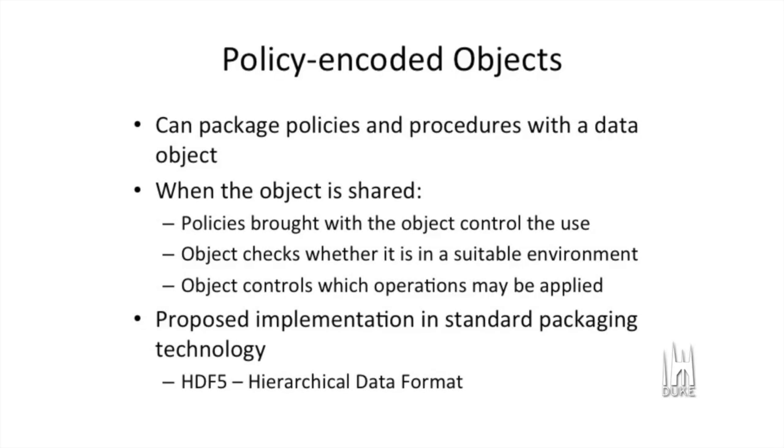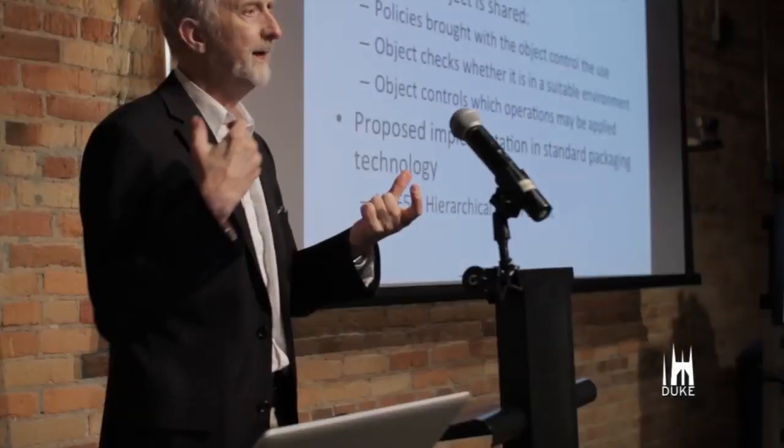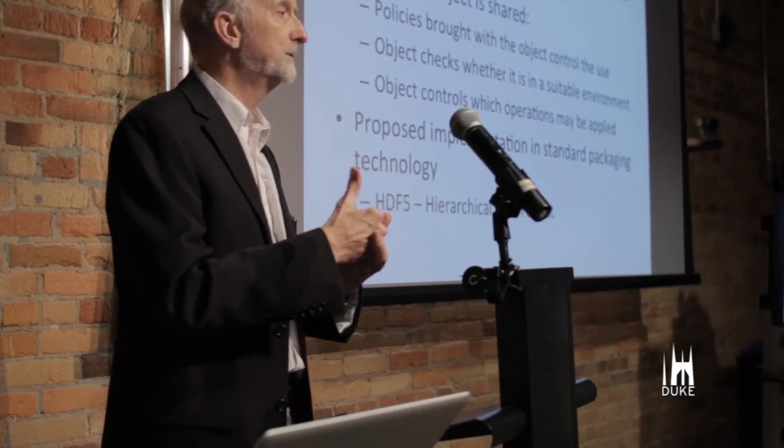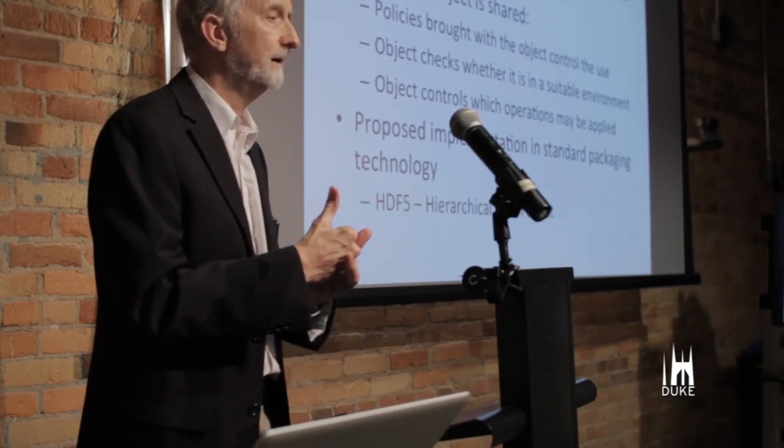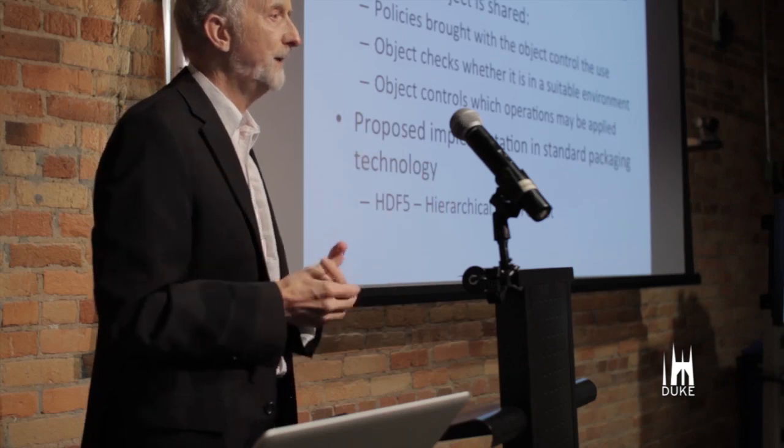Another area is policies are now being thought about as an attribute you can put on the data itself. So instead of sending you a file with bits, zeros, and ones in it, I can send you a policy-encoded object. This is the object which is accompanied by the policies that control the interactions with the file and the rule engine that evaluates the policies.